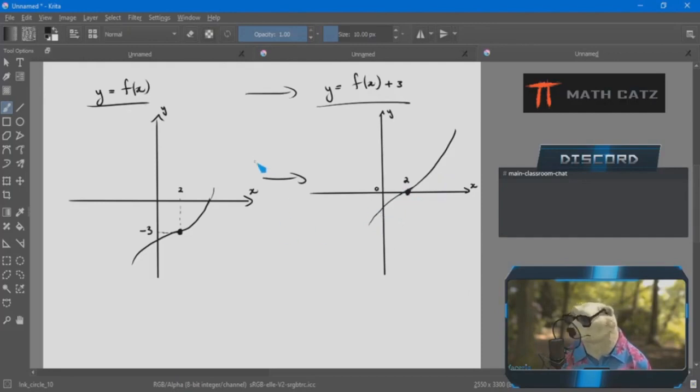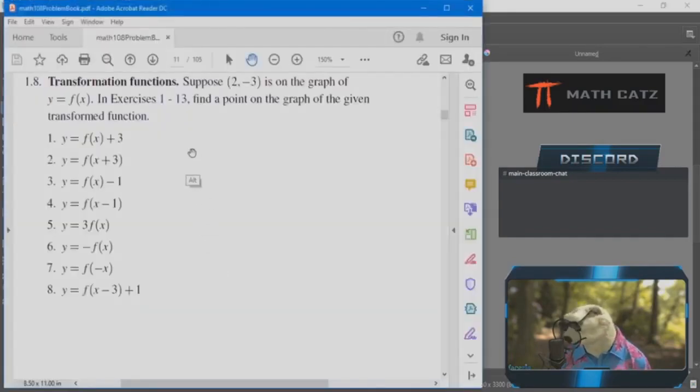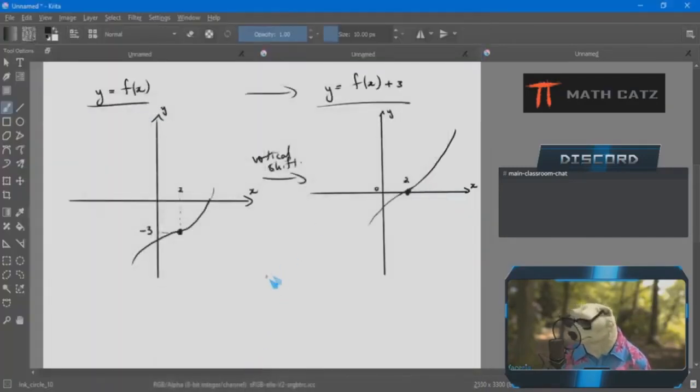Everything shifts up. It's a vertical shift up because I added 3. Now let me just check. Suppose I have a point. Find a point on the graph of the given transformed function. So my new point is then obviously 2, 0 because everything shifted up.